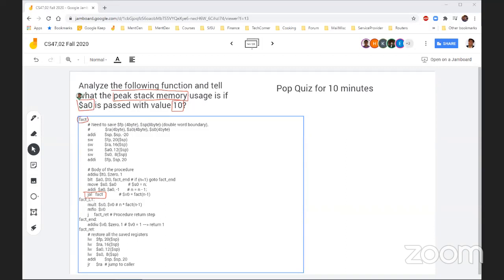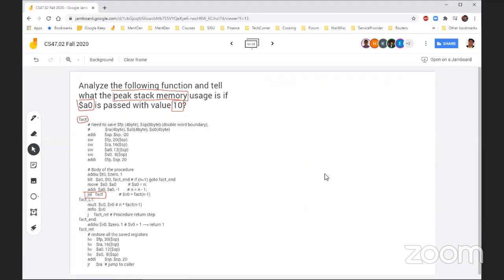So think about this problem yourself for 5 minutes, and then I will open up the breakout room for you for another 10 minutes. Any question?